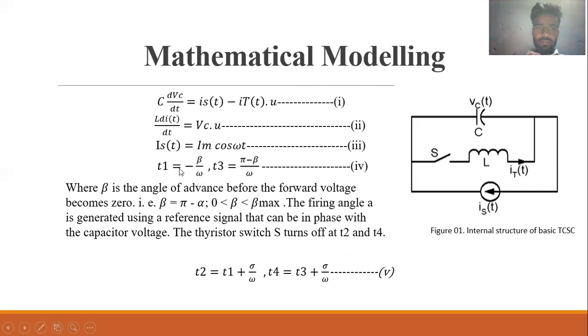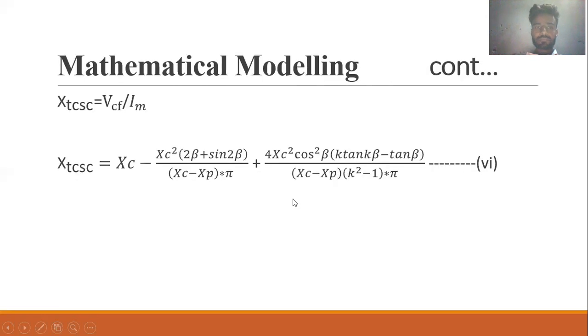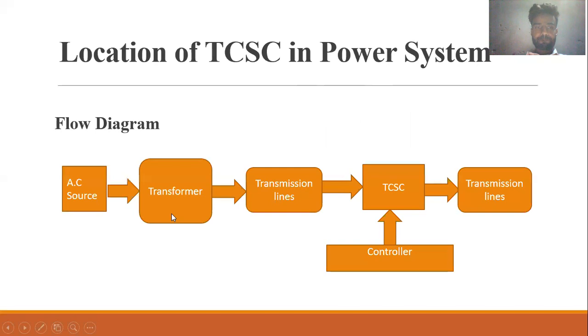We are triggering at T1 and T3, and for T2 and T4 our TCSC is off. So this is the typical final equation from which we calculate the impedance regulated by the TCSC.